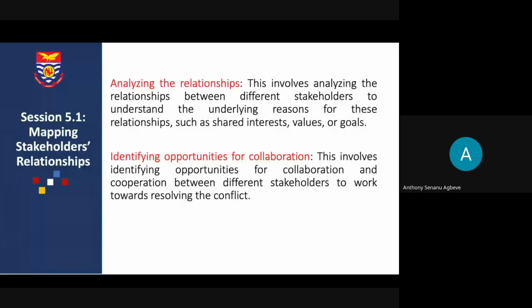So if the stakeholders do not share a common goal, a common interest, and each and every one has their own interests and goals, then we cannot collaborate, because there's no consensus on what we want to achieve regarding the conflict. So there can be no way they will want to collaborate with each other, right?